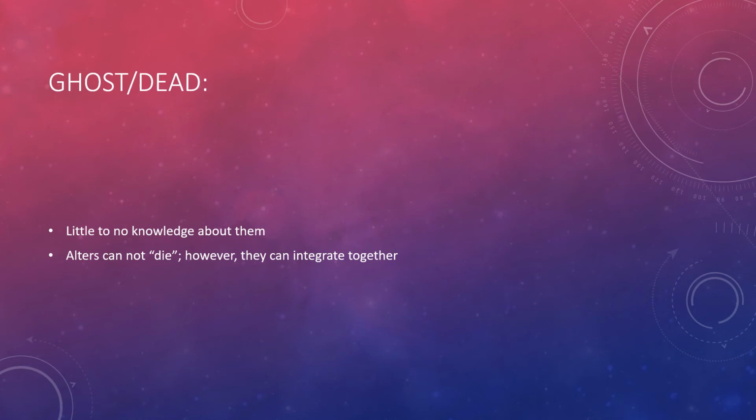Ghost and dead alters. This one is very confusing, and like most things when it comes to DID and OSDD, specifically in alters and the forming of alters, there is very little known. So I will try to explain it the best way that we can.